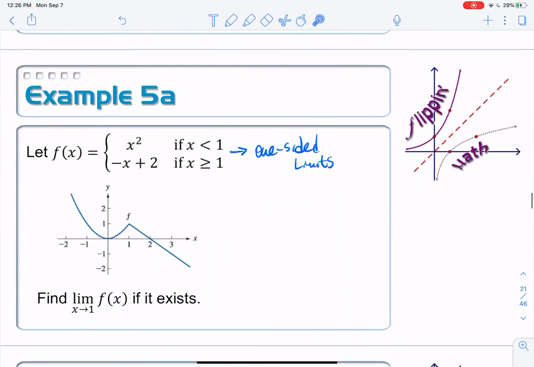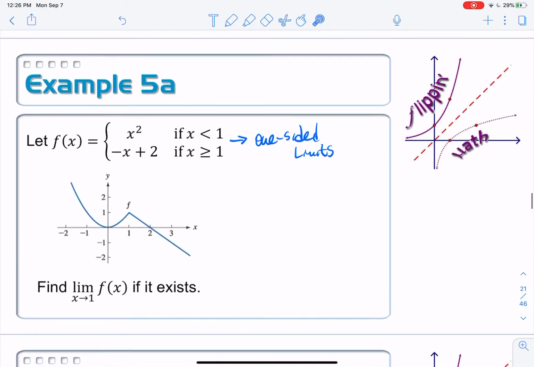But things get a little more complicated because we have divided our function up into two pieces. So individually, I want to take the limit as x approaches 1 from the left-hand side of f of x, and the limit as x approaches 1 from the right-hand side.